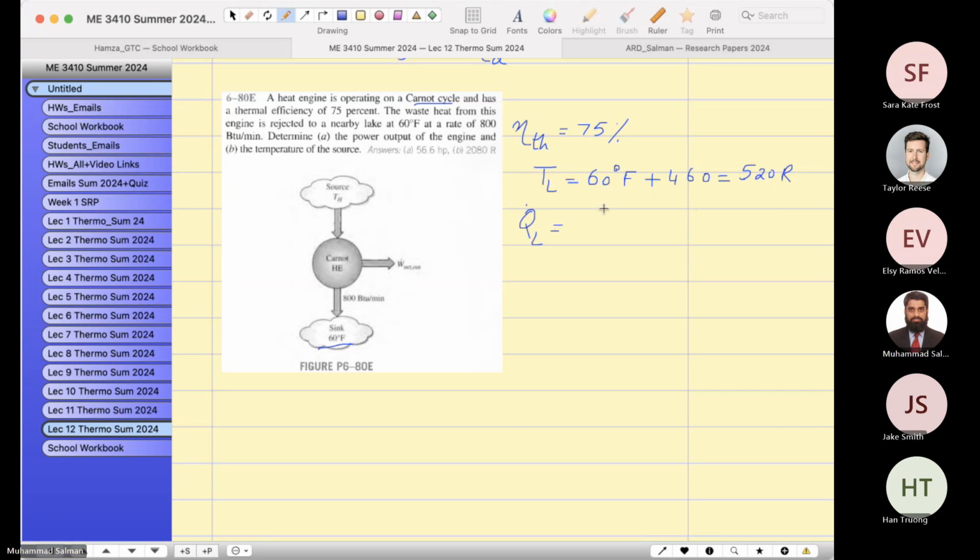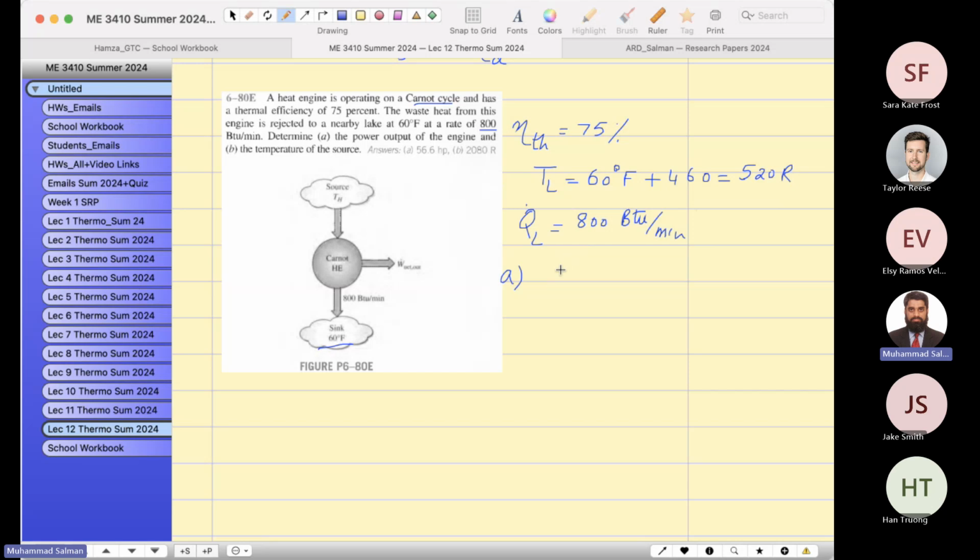And Q dot L, this is Q dot L, okay? Heat is rejected to the lake.